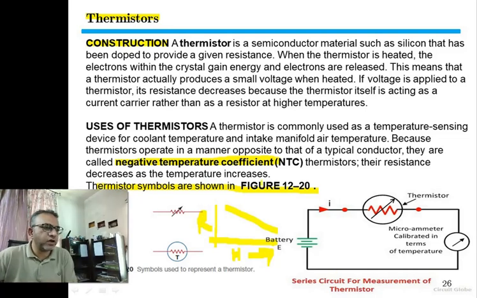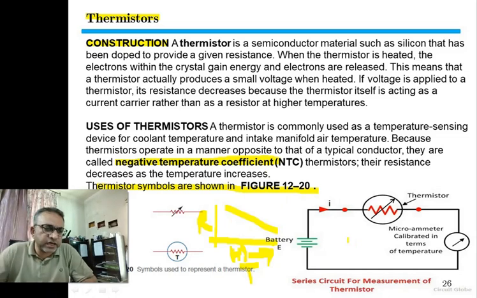This is the meaning of negative temperature coefficient. This should be temperature on the x-axis. We provide heat to get a variable temperature. So as the temperature increases, the resistance will follow a negative slope. The resistance will decrease. This is the meaning of negative temperature coefficient.